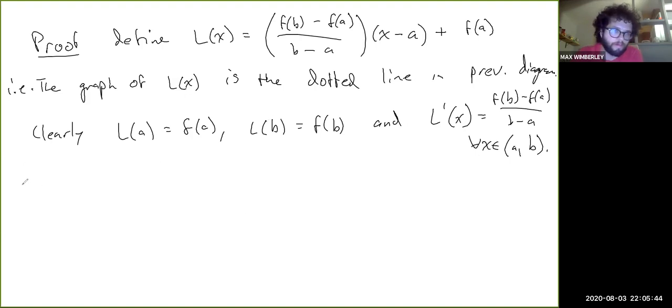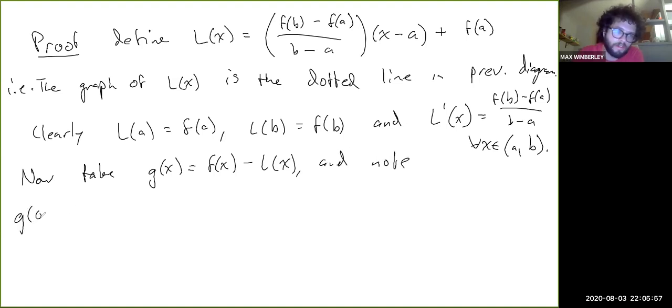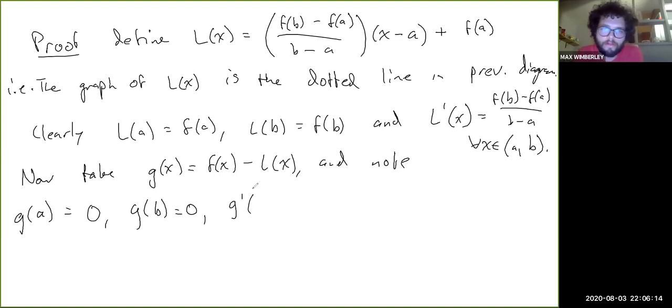So now take g of x equals f of x minus L of x, and note that g of a equals f of a minus f of a, since L of a is f of a. So g of a is 0 and g of b is 0.